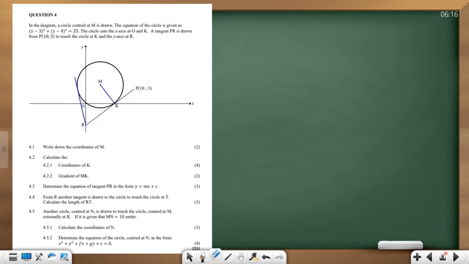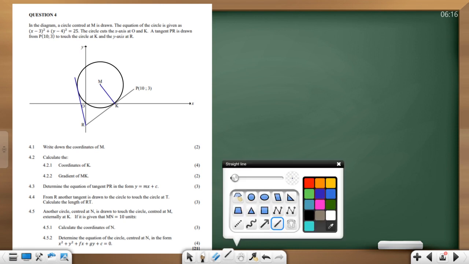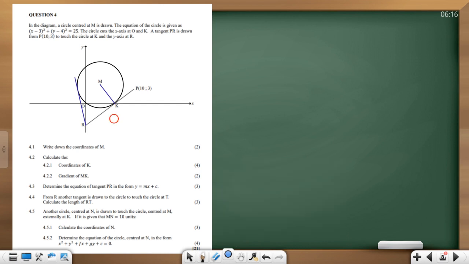Another circle K centered at N is drawn to touch the circle centered at M externally at K. Okay, so there is another circle that touches. Let me use a red one. There is another circle that touches this at K. Lovely. That's what the examiner says.